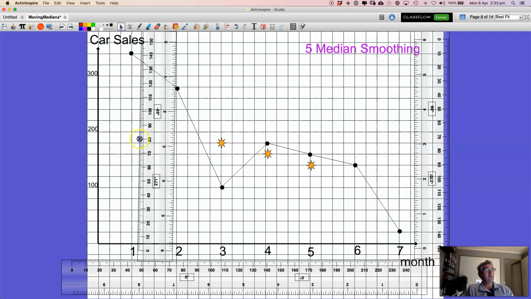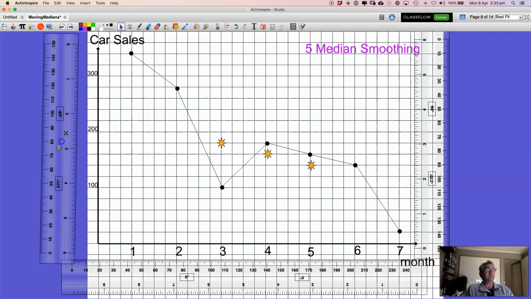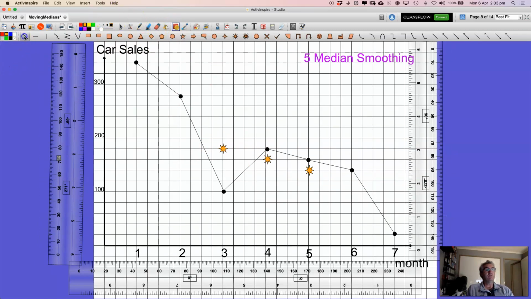So all I need to do now is basically join those points. So again, join the points, 1, 2, and I just stop there.